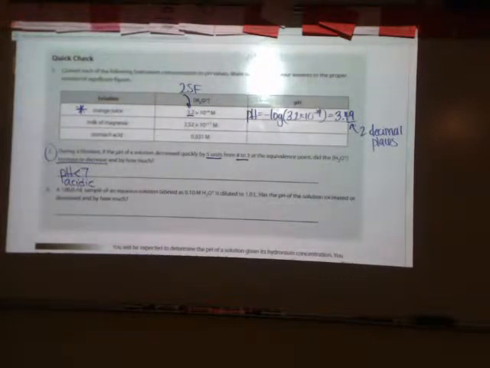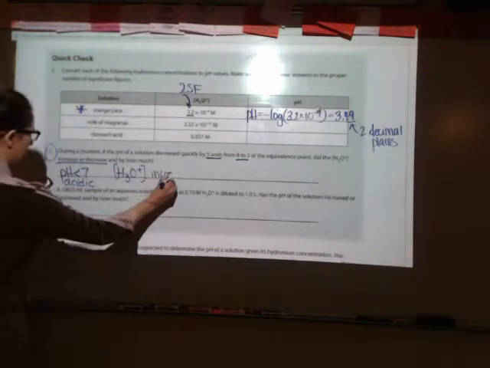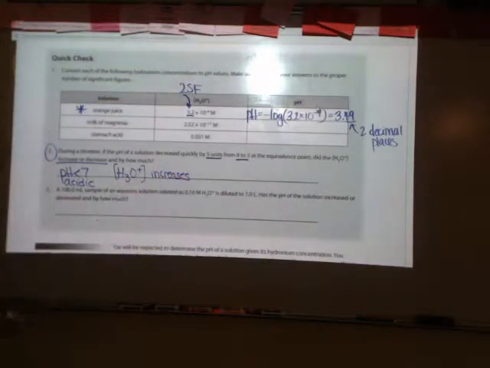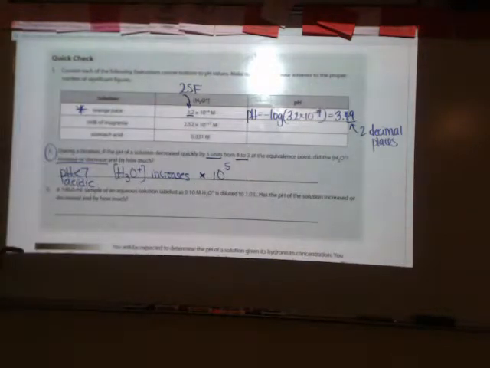Okay, so if I have an acidic solution, the hydronium ion concentration would be increasing. Okay, by how much? Well, for every pH unit, you are changing by a power of 10. So if I went down by 5, this is really a 10 to the 5th increase in the hydronium ion concentration. Does that make sense?